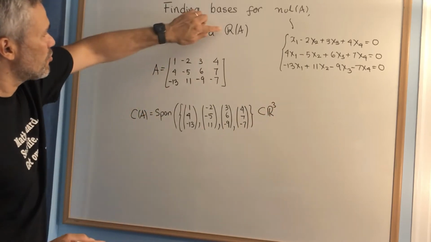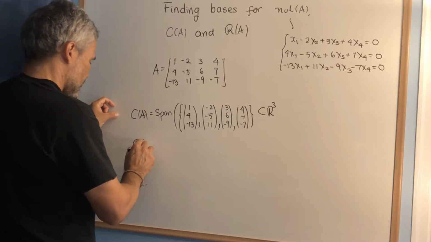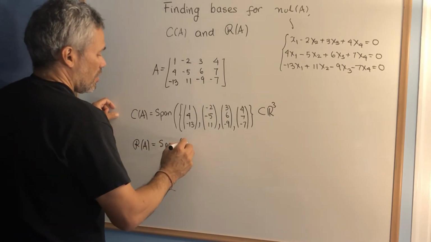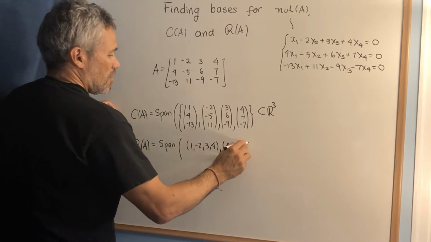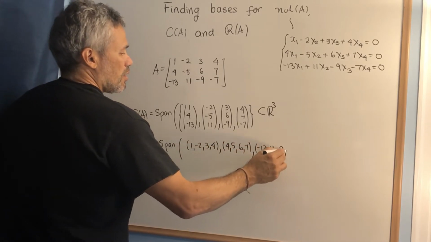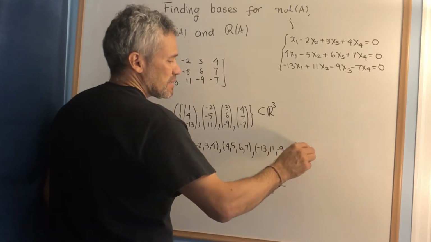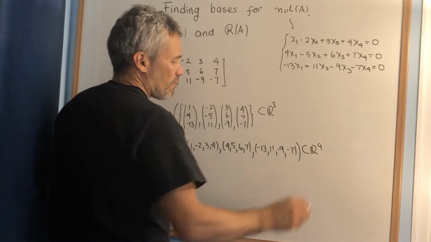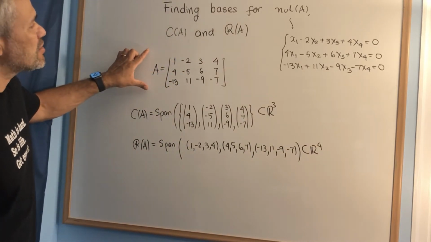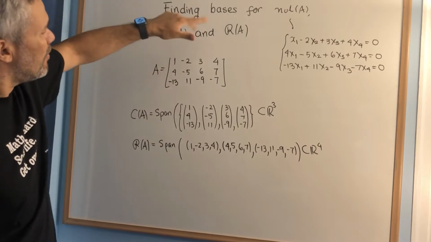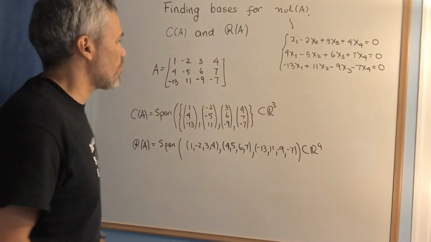And finally, row of A is the span of the rows. And this is a subspace in R4. Then we can solve all the three problems of finding the bases just by doing row reduction.